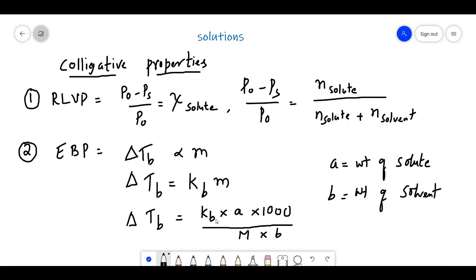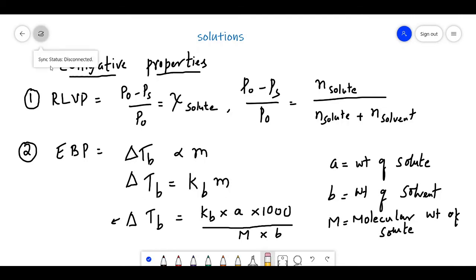Kb is a constant, and M is very important, it is the molecular weight of solute. Delta TB is the elevation of boiling point. By using this formula, we can calculate molality if some elevation of boiling point is given. So this is the second colligative property.